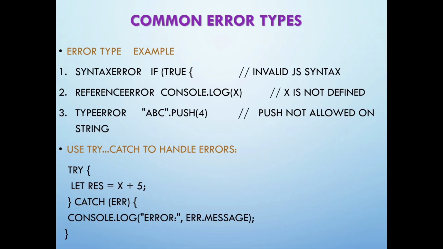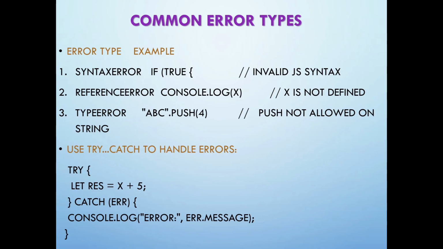Before going to execution, first we will see what the types of error handling in JavaScript are. Try, catch and finally are used to handle errors in JavaScript. Here it is: the try, catch and finally keywords are used to handle the errors.